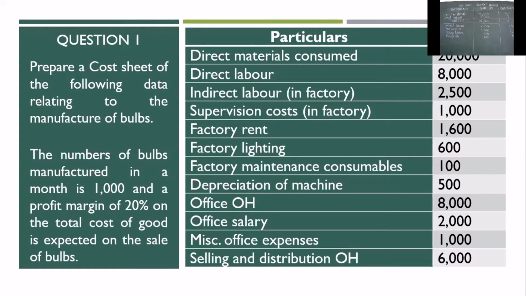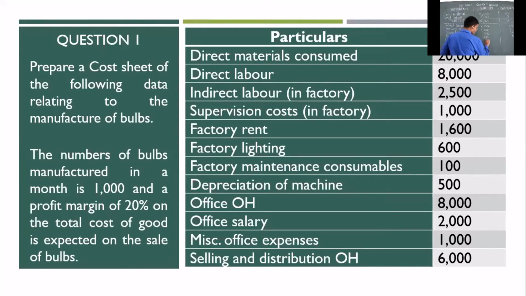Then what else do we have? We have factory maintenance consumables. Since want of space, I'm just writing this in short.